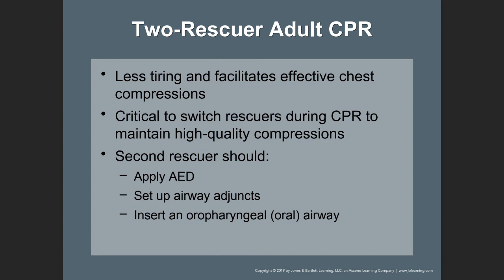It is critical to switch rescuers during CPR to maintain high quality compressions. And if there are only two of you working that code, you don't have anybody to switch between you and your partner, so it's not going to be very effective. The second rescuer should apply the AED, set up airway adjuncts, and insert an oropharyngeal airway as needed.